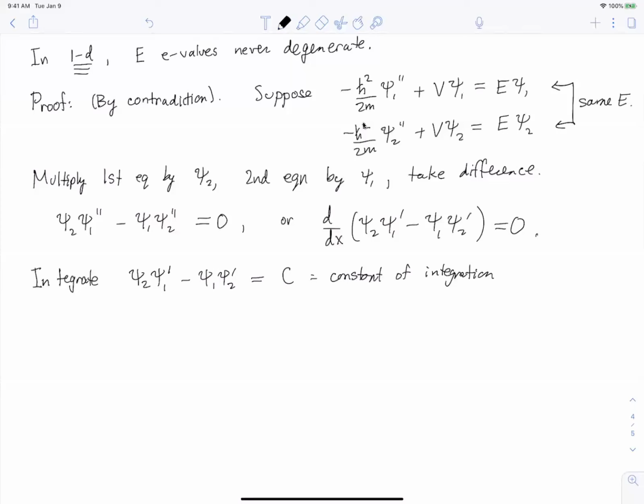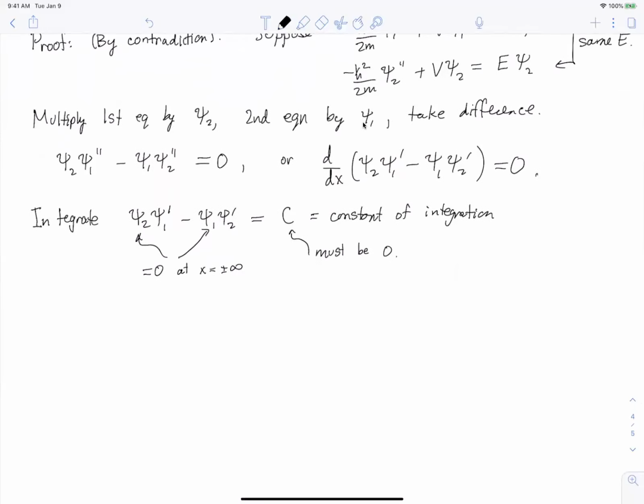But now we get to use the fact that it's bound states. Psi2 and psi1 are both equal to 0 at x equals plus or minus infinity, which means that this constant can only be 0. Because we know that it doesn't depend on x, so if it's 0 at infinity, it must be 0 everywhere.